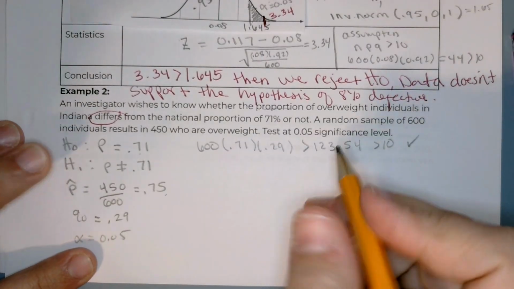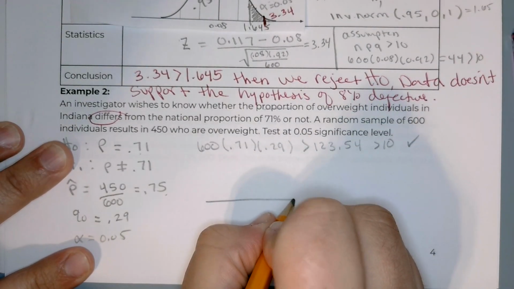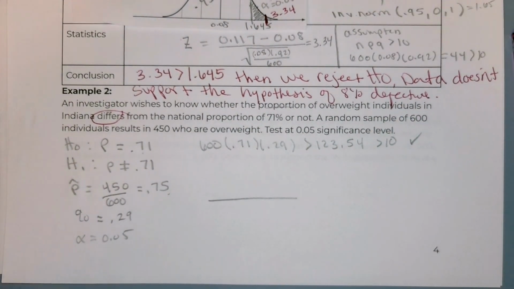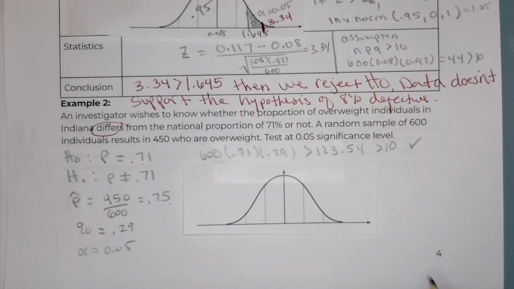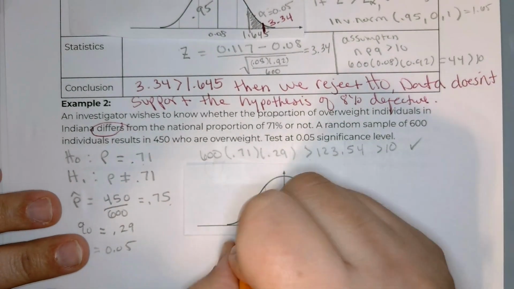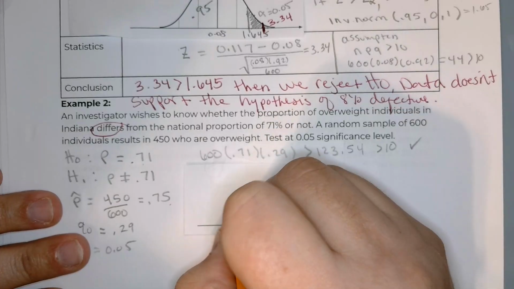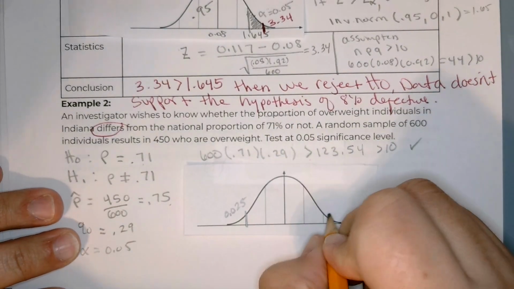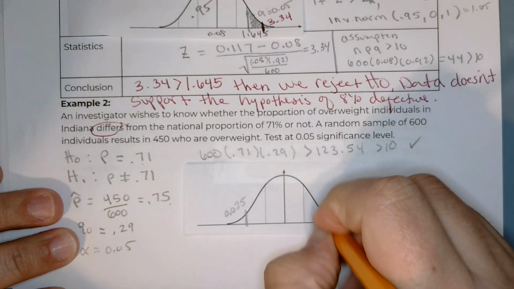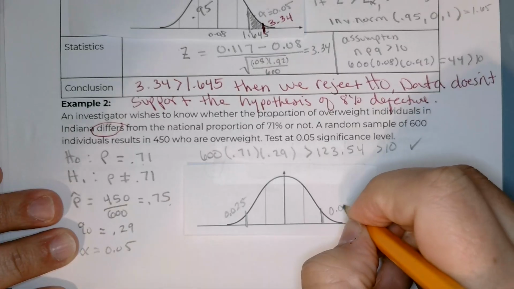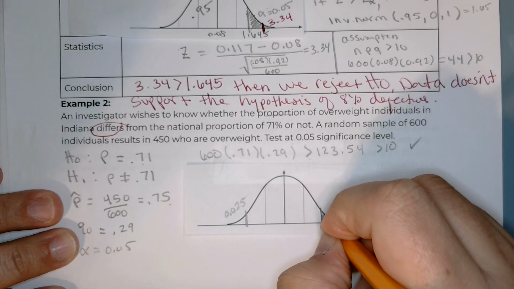Okay, now I'm going to make a decision rule. So I told you I wasn't going to keep drawing these. Okay. So this time we have a two-tailed test where each side here has 0.025, apologies.